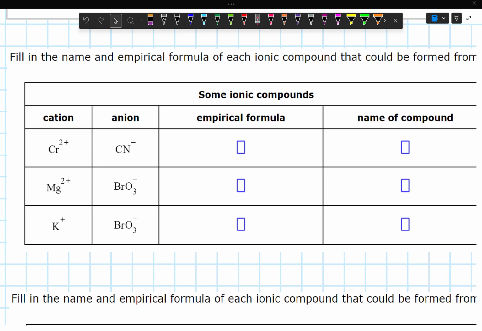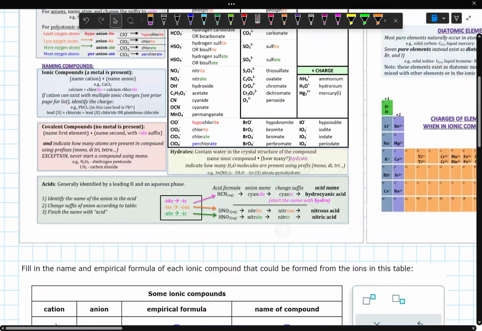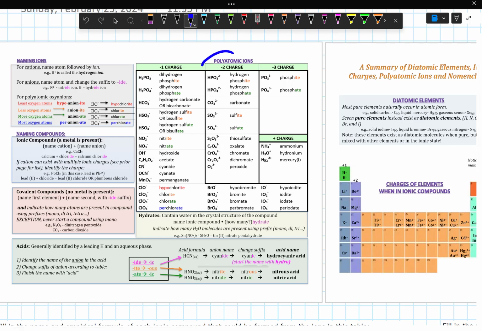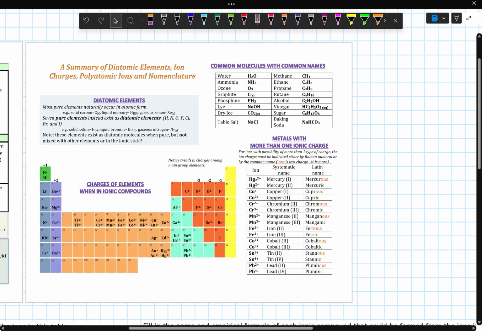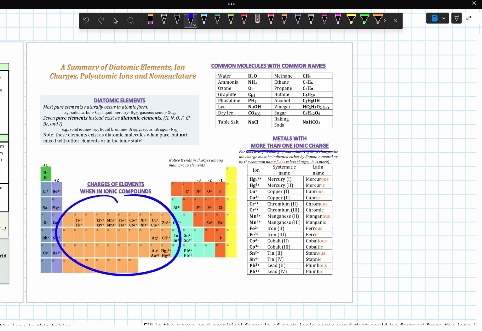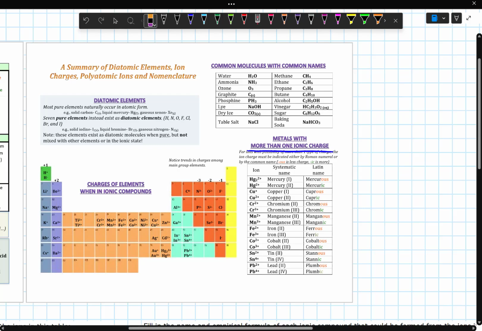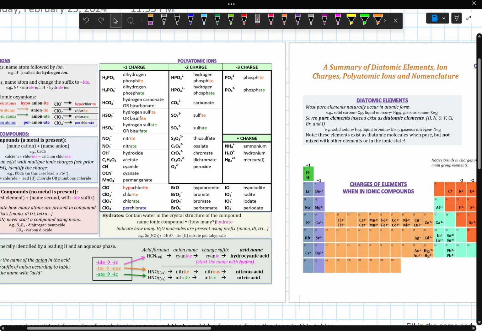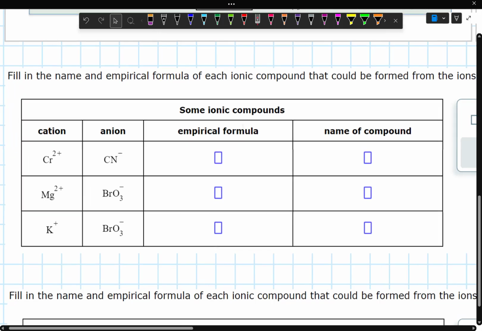You should have gotten a nomenclature sheet that contains these two pages, where you've got polyatomic ions up here and some metals. You've got your transition metals in here, their charges, etc. So these two pages are what you're going to use right now to get through these problems.